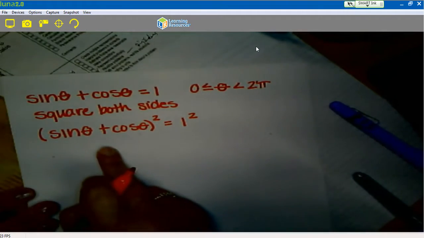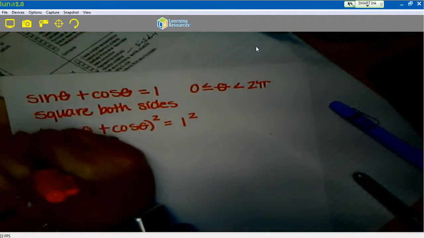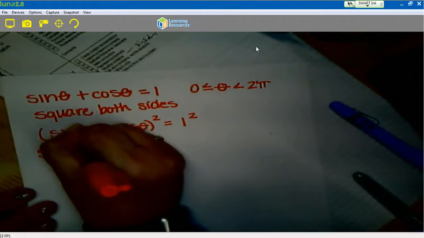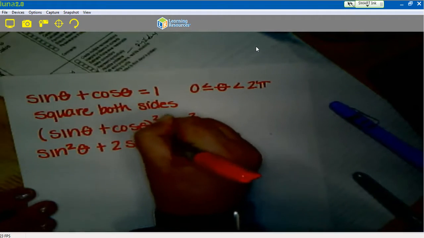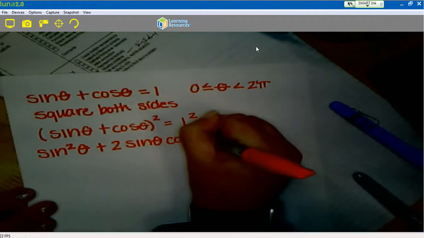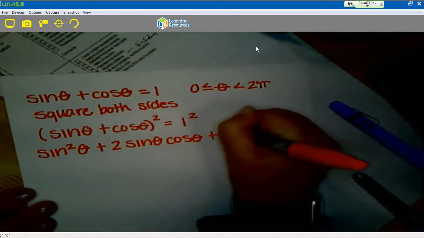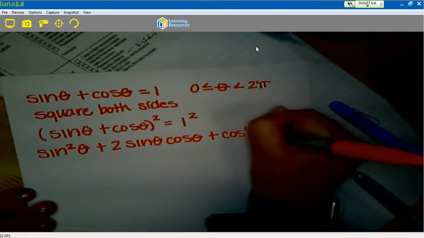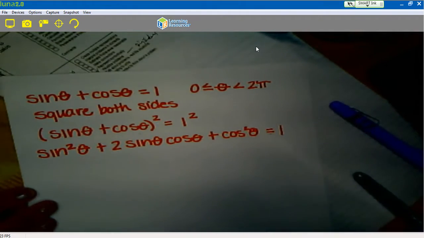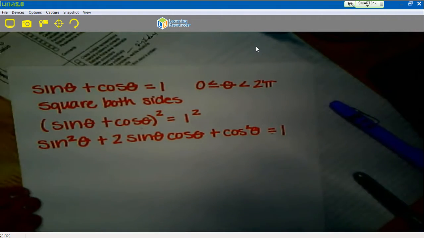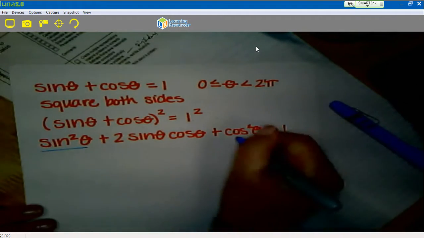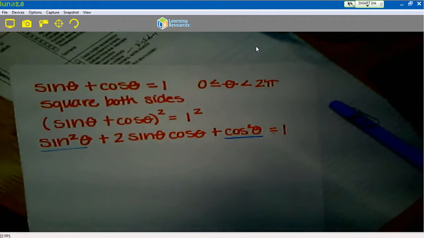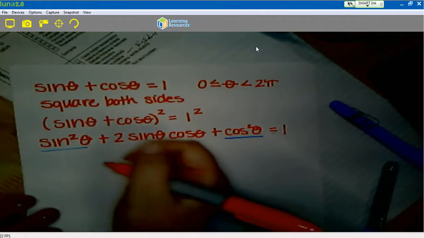So sine plus cosine quantity squared, that is a sine squared theta plus 2 sine theta cosine theta plus cosine squared theta, and that is equal to 1. We have a sine squared and a cosine squared. Sine squared plus cosine squared, that's equal to 1.